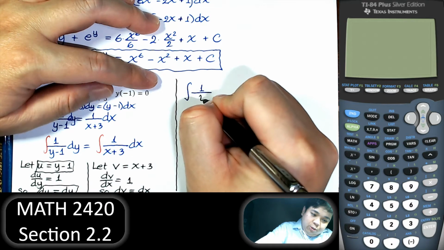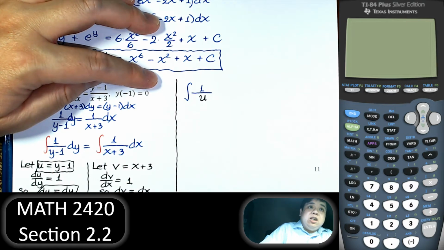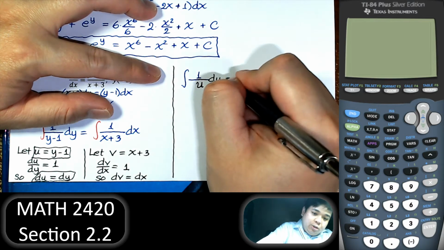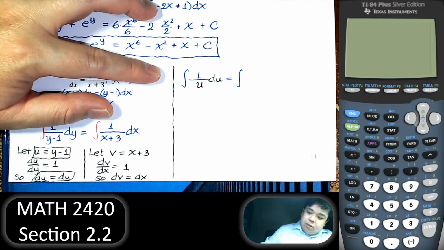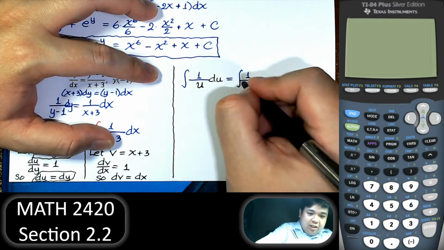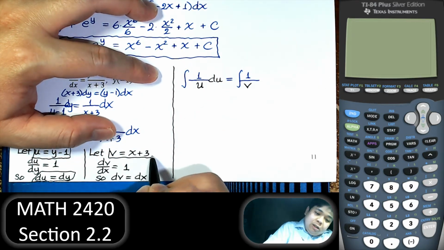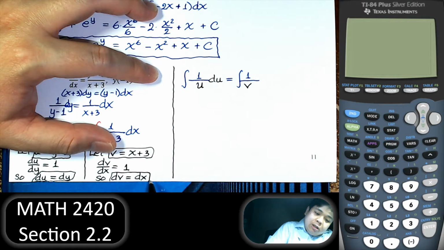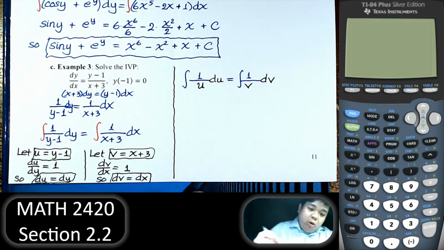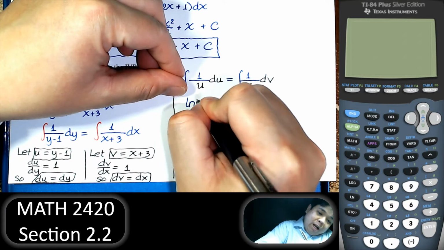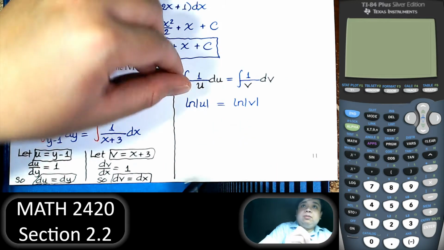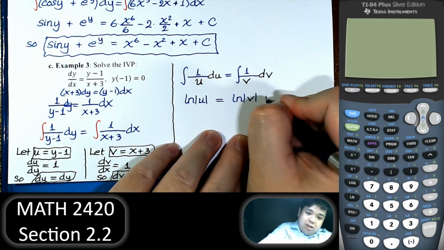So we have 1 over u, dy is equal to du, equal to 1 over x plus 3 is v, dv is dx, or dx is dv. Right, the integral of the reciprocal function 1 over u is going to be ln of the absolute value of u, and we have ln of the absolute value of v, plus a constant c.